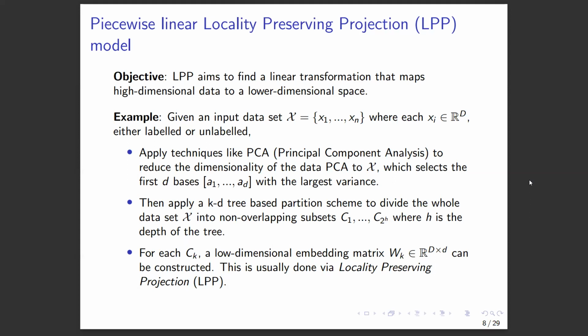And finally, we will construct the low-dimensional embedding matrix by the LPP. For the details of the calculation and a more comprehensive explanation, please refer to our paper.